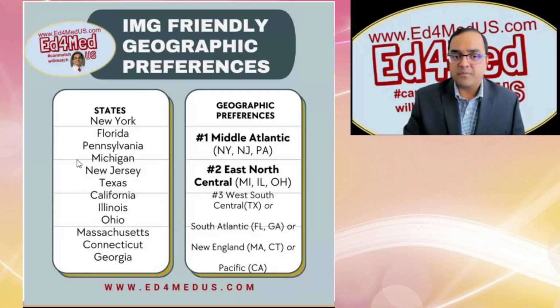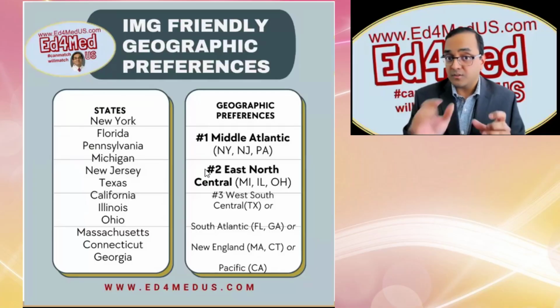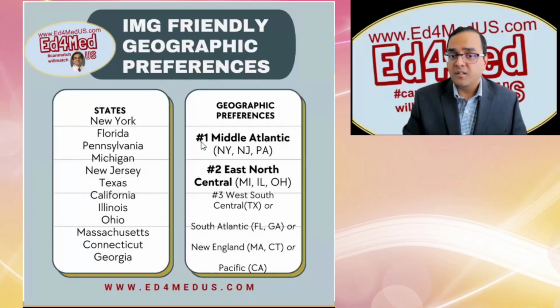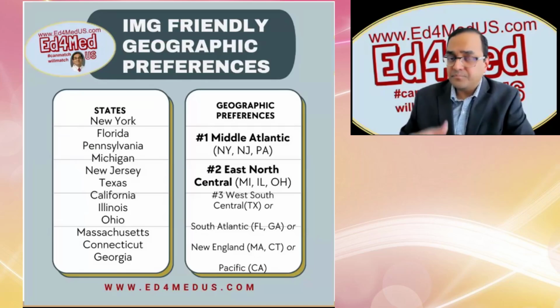These are the states that are taking the most number of IMGs, and then I broke it down into preferred geographic regions: 1, 2, and then 3 can be anything else, really. So do look at this. If you really can move anywhere in the US, I would suggest taking this approach, choosing 1, 2, and 3 and providing those preferences to the programs.